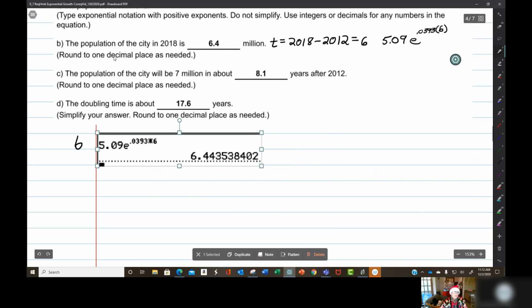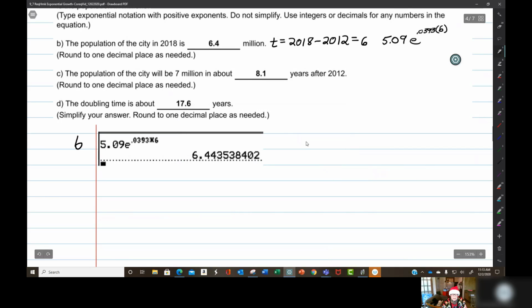And let's see, it says round to 1 decimal place. That's right here. Okay, 1 decimal place. And this 4 will not cause that 4 to go up to a 5.